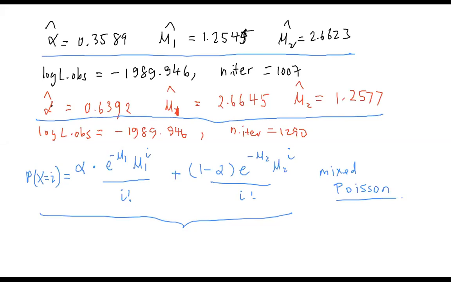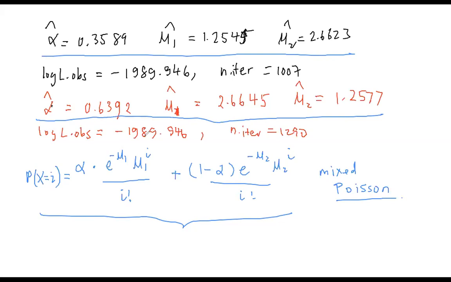Any comments? Why do you think when you change the starting values, you get a different result for the parameter estimates, but the likelihood is equally likely?